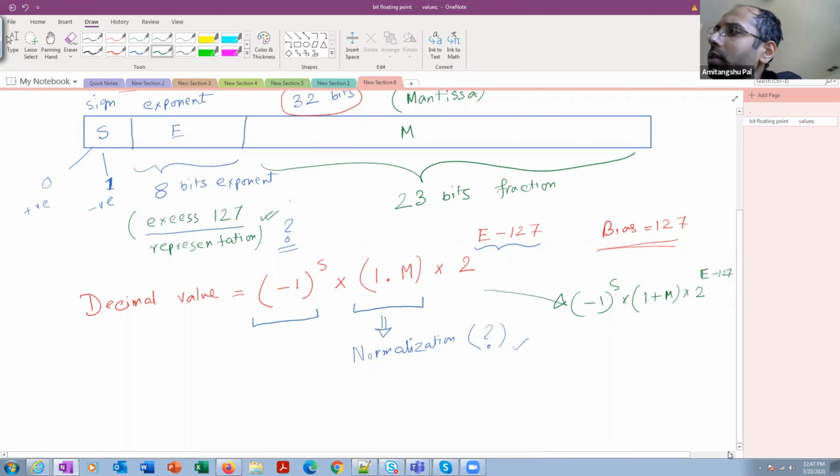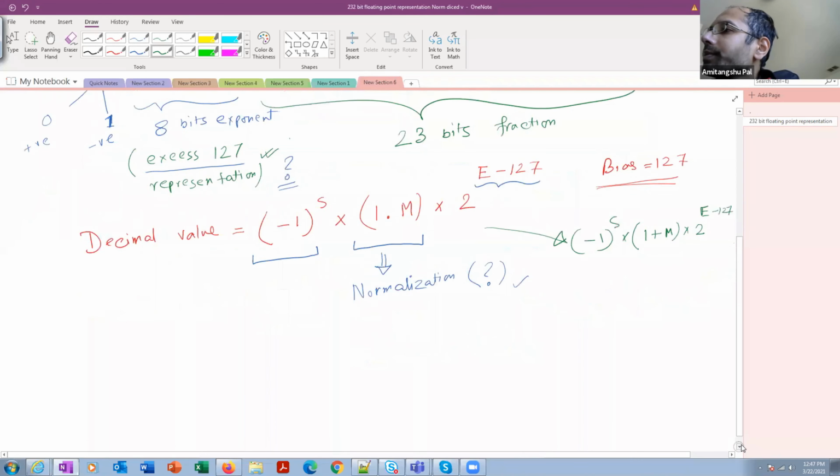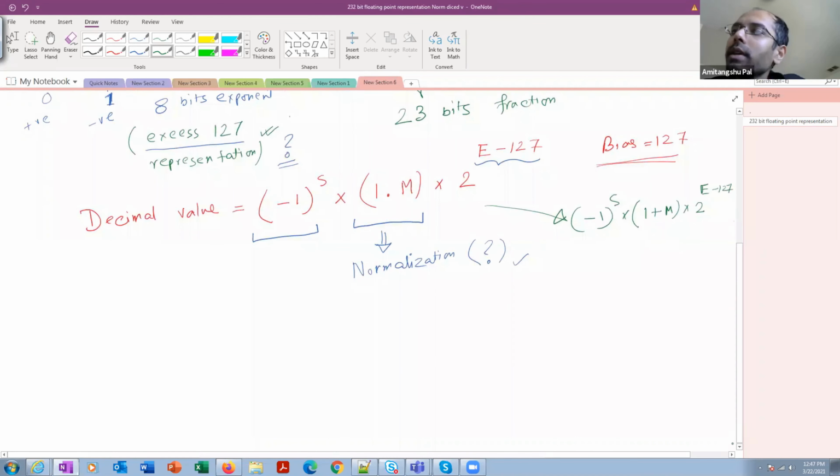All right. So using this formula, let's take a binary number and convert it to the corresponding decimal value. Suppose I gave you a binary number that looks like this: 0 0 0 1 1 1 1, then 0 1 1 0 1 0 0 0 0 0 0, until all the 32 bits are exhausted.